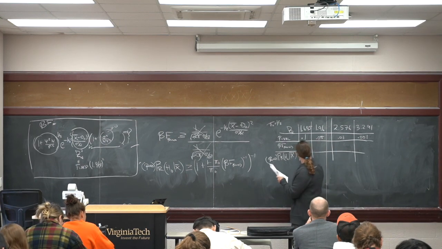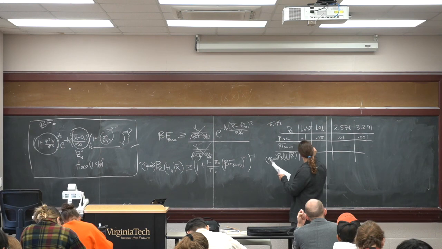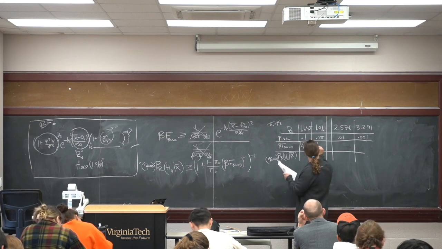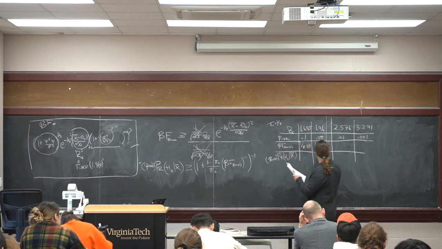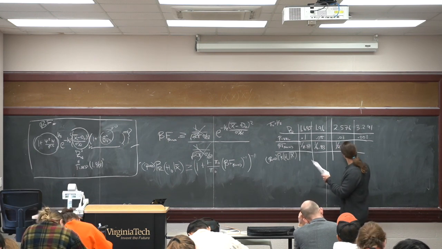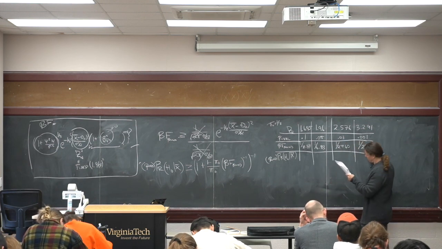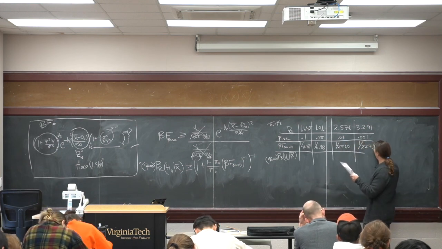So our Bayes factors are 1 in 3.87. This is 1 in 6.83. This is 1 in 27.60. This is 1 in 224.83.